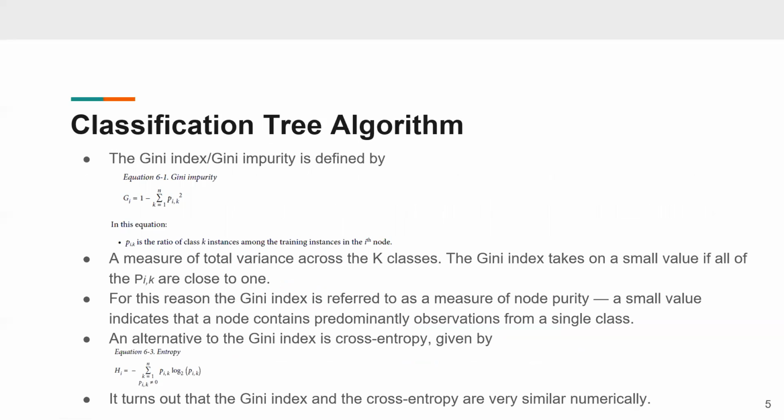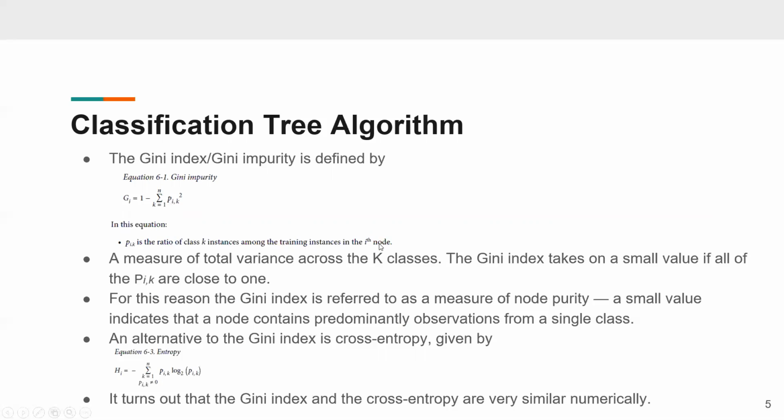G itself is defined by this equation 6.1, the Gini impurity: G_i equals 1 minus the sum over k from 1 to n of p_i,k squared. This is also called the Gini index or Gini impurity. Now, what is p_i,k? p_i,k is the ratio of class k instances among the training instances in the ith node.